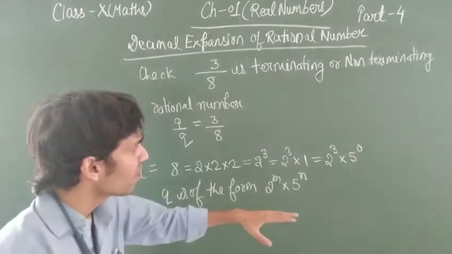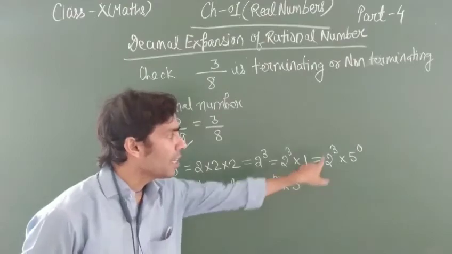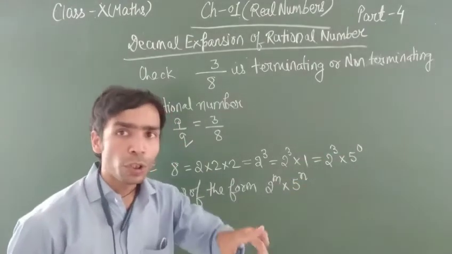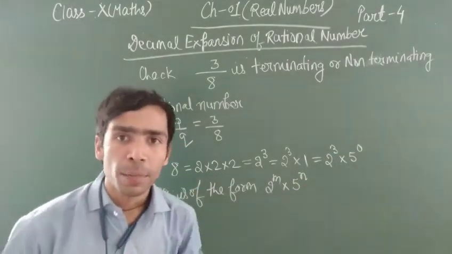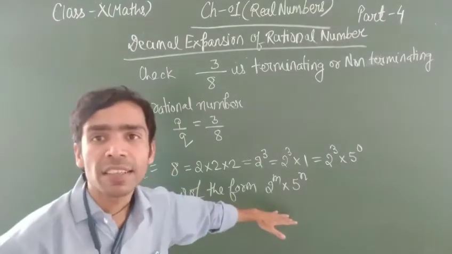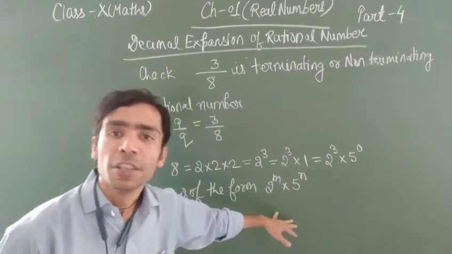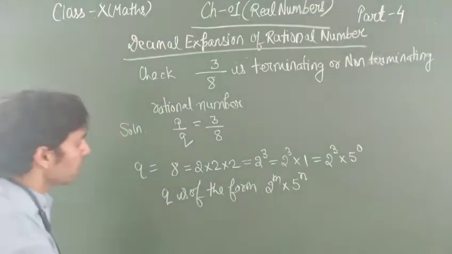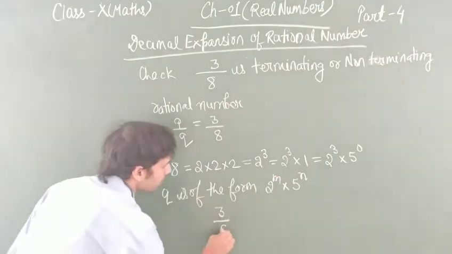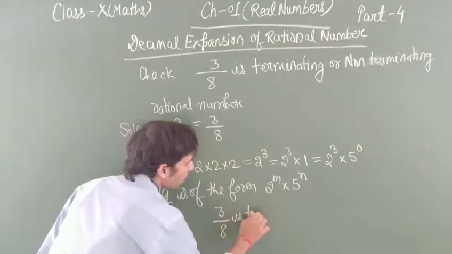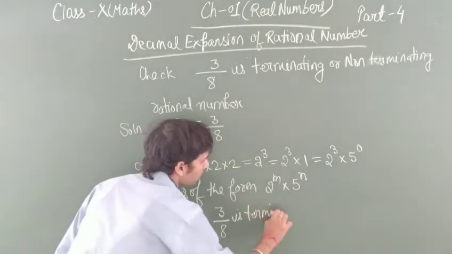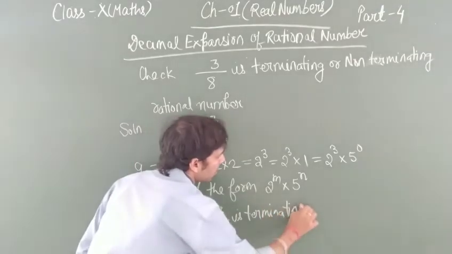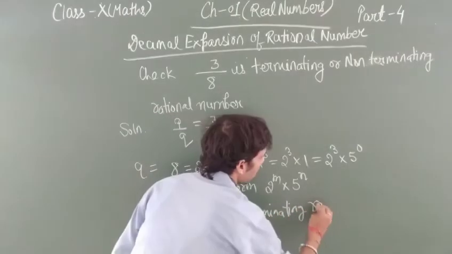Okay, so you can see now the values of m and n are 3 and 0, and I told you m and n are whole numbers, so it means that it is satisfying the criteria of a terminating rational number. So we can say 3 upon 8 is a terminating rational number.